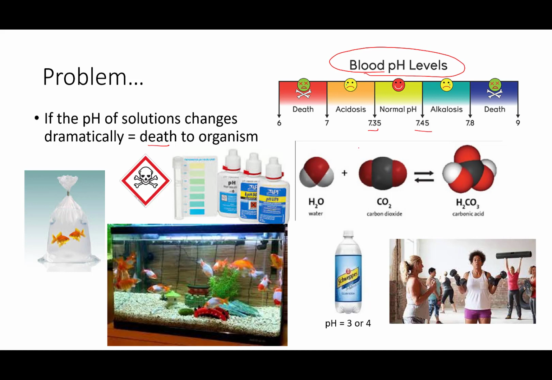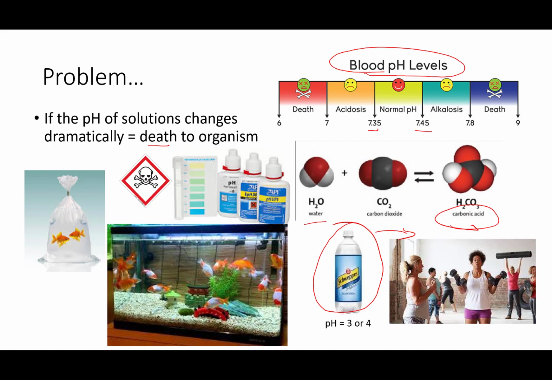And the simple act of respiration, when you do excessive exercise, part of metabolism is you produce carbon dioxide. Well, that carbon dioxide can mix with water and produce carbonic acid. Carbonic acid is what gets mixed with water to make club soda, the carbonic acid in soda pop.